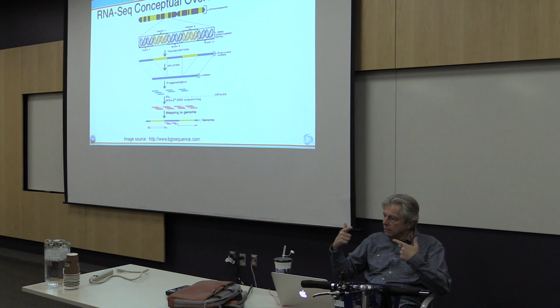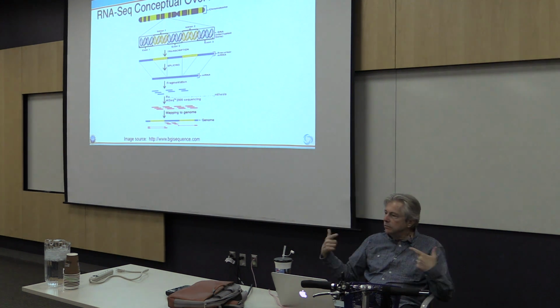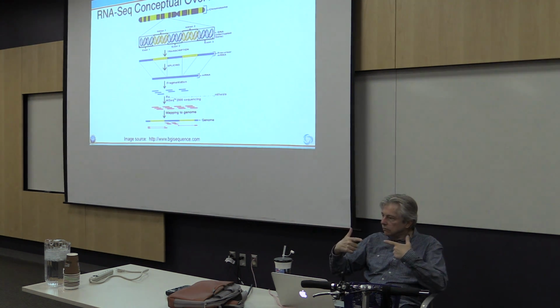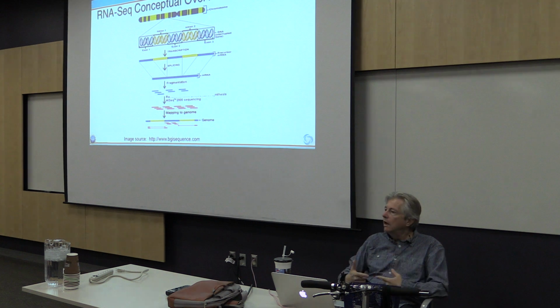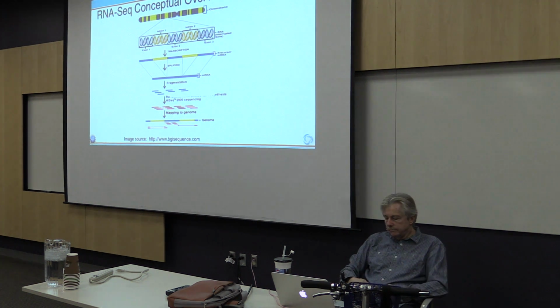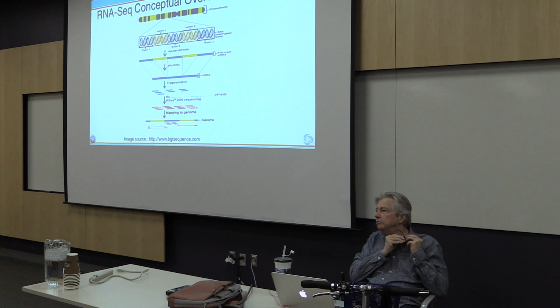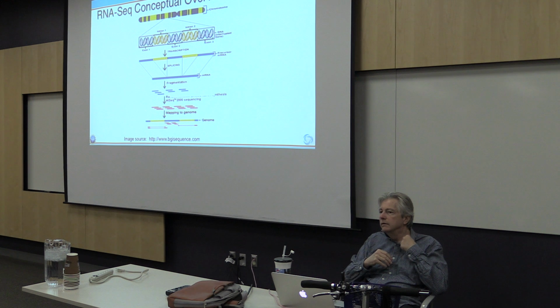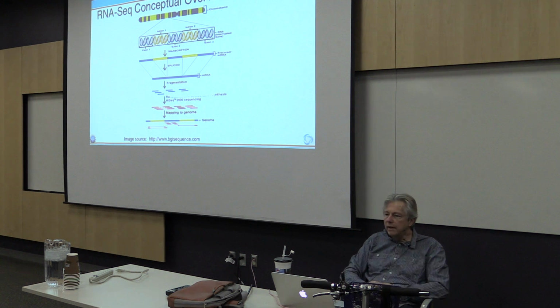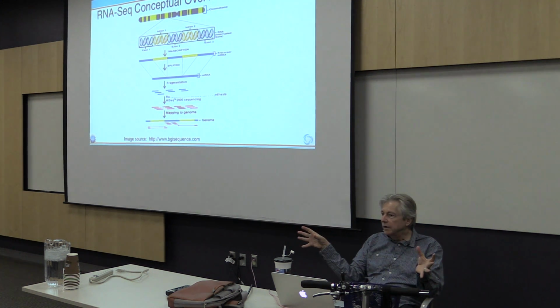So fragmented, essentially, pieces of your cDNA. And so what that means is that ultimately you're going to have to put all those reads into some kind of intelligent array of information to make sense of it.